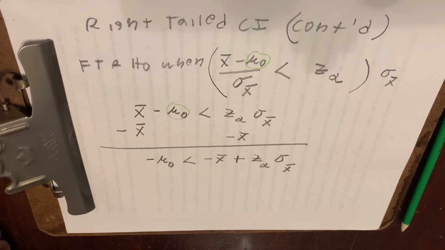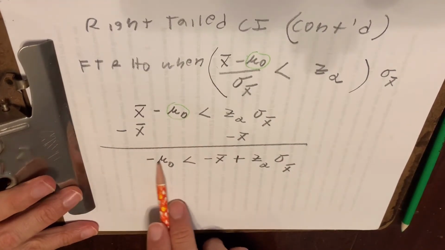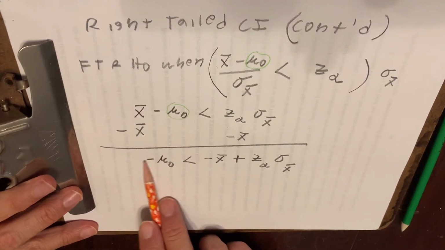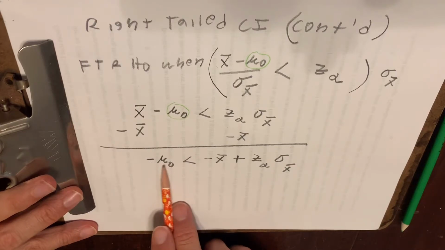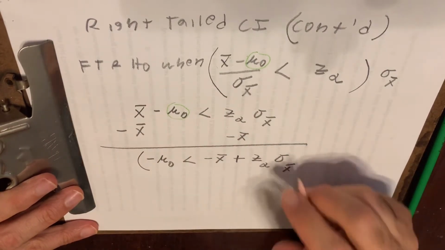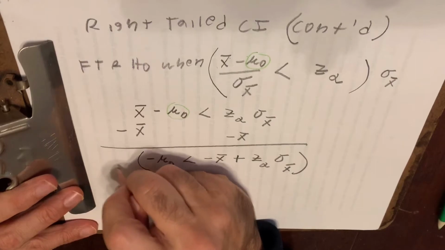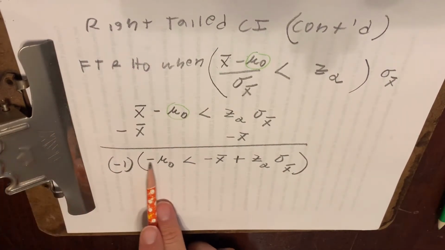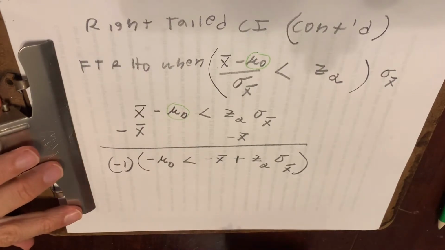Okay, fine so far. And now, we're not solving for negative mu naught, we're solving for mu naught. So what we have to do is multiply this entire inequality by negative 1, because that will remove this negative symbol over here.